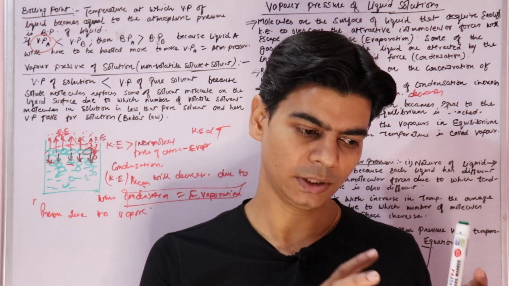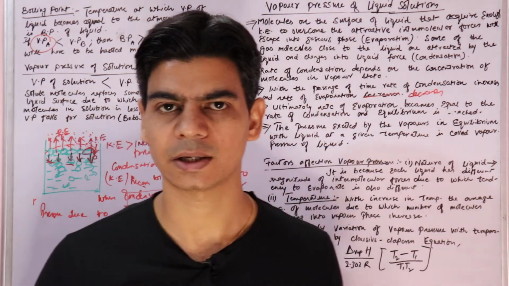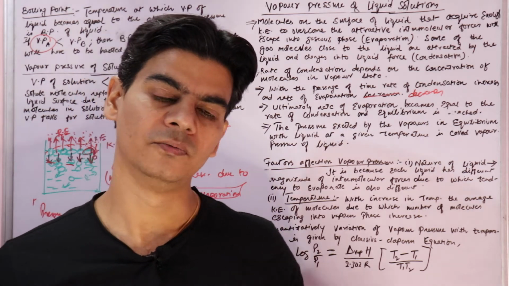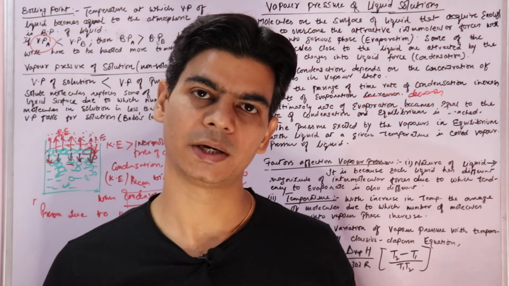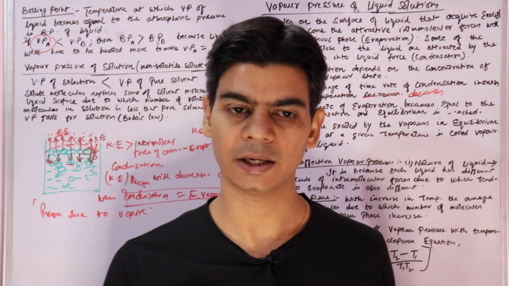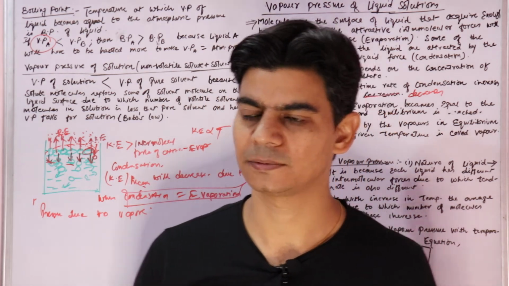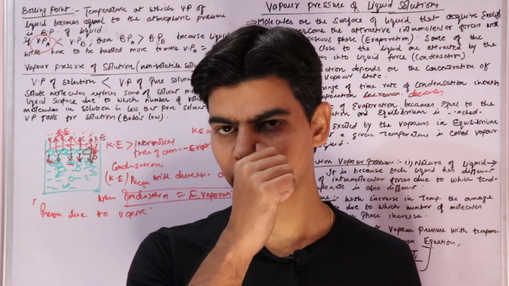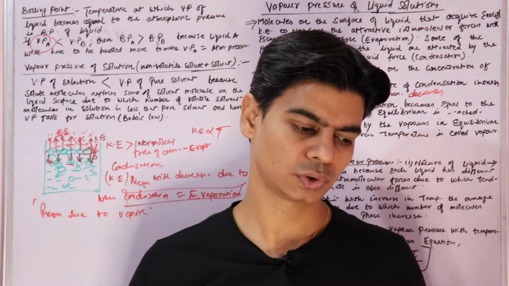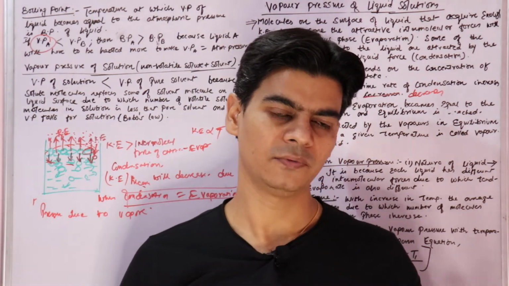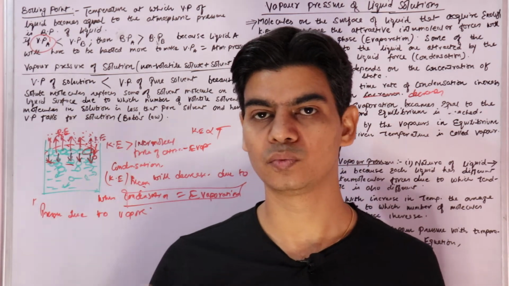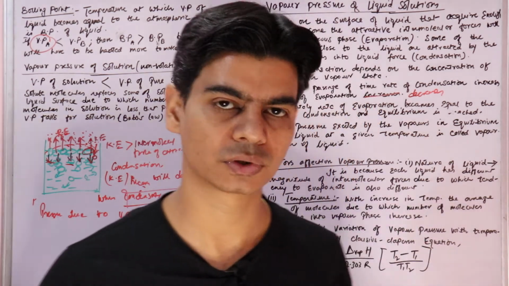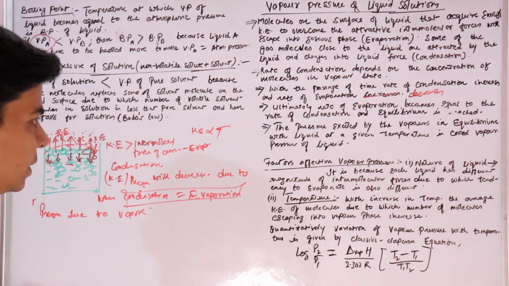The liquids that have high intermolecular force of attraction will vaporize at a lower rate compared to the liquids that have weak intermolecular force of attraction, right? For example, chloroform has low intermolecular force of attraction, so chloroform evaporates at a faster rate compared to water, which has high intermolecular force of attraction, right?